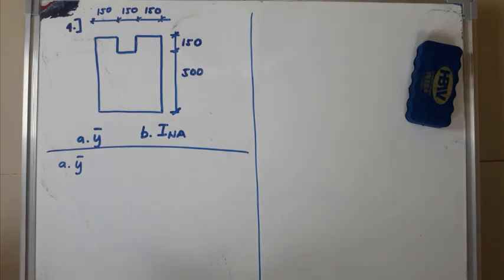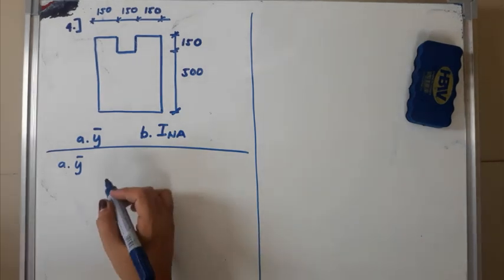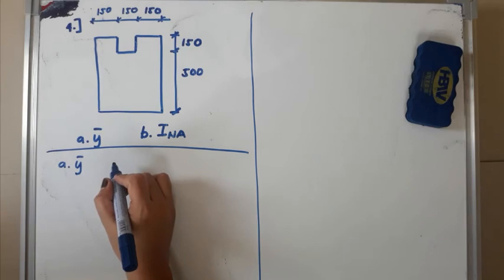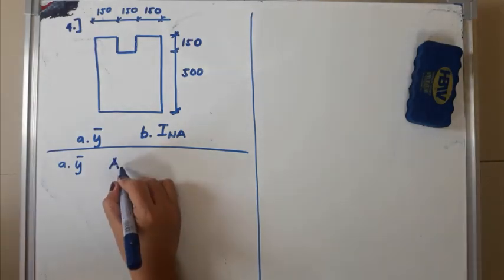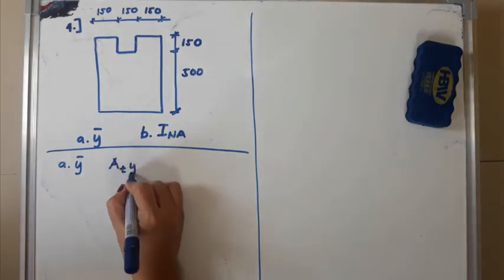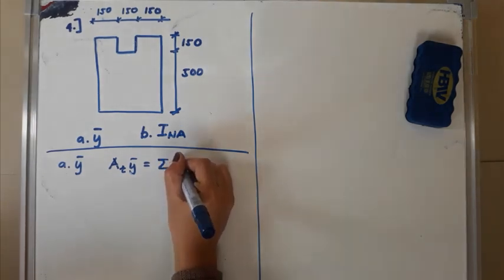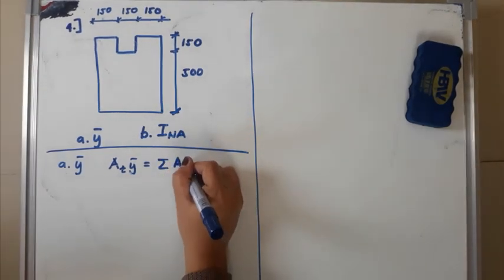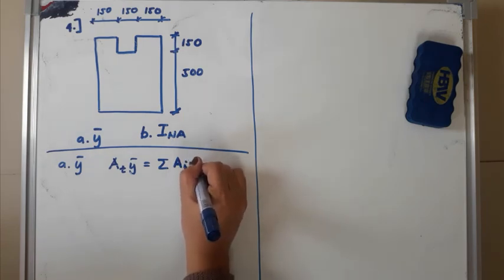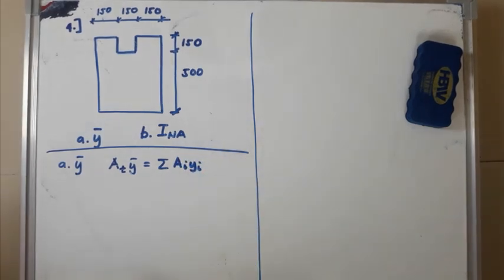Using again Varignon's theorem, we have area total times bar Y is equal to summation of areas times their y's. So what's our area 1, area 2, and so on?